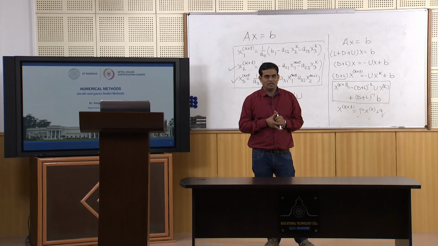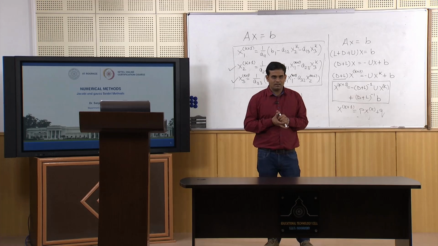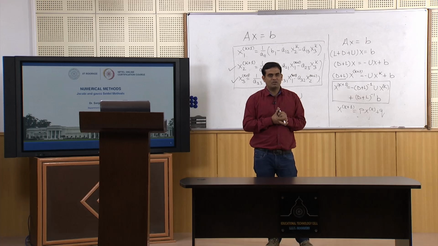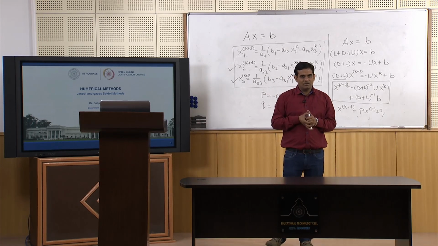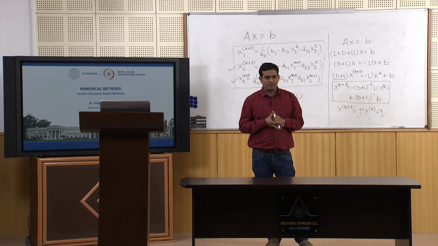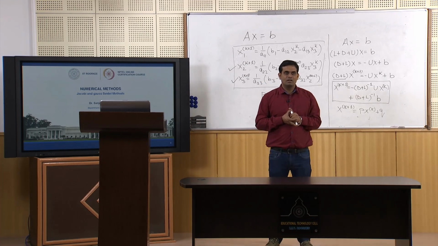I will find the optimal value of that relaxation parameter in terms of convergence speed. Once I get the optimal value, I will get my iterative system, and using that iterative system I will write the iterative equations.